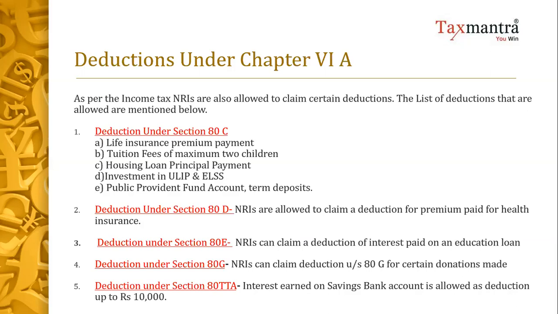You cannot claim it if you have interest of 15,000 rupees. Suppose an NRI has an interest of 15,000 rupees, the deduction can be claimed only up to rupees 10,000. So these are the deductions which are eligible under chapter 6A for non-resident individuals.